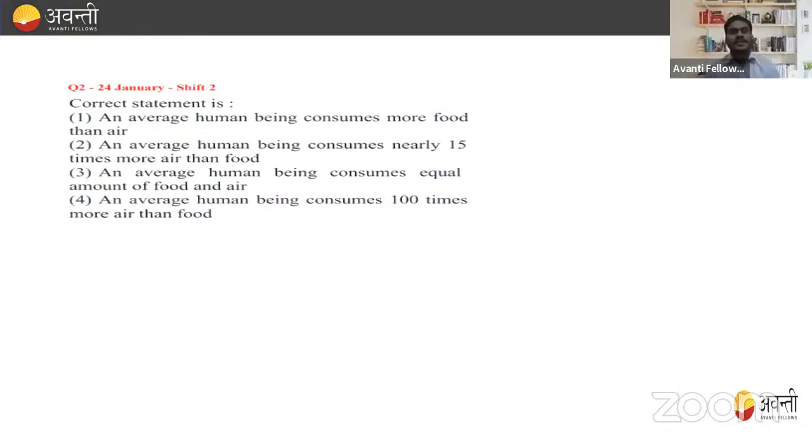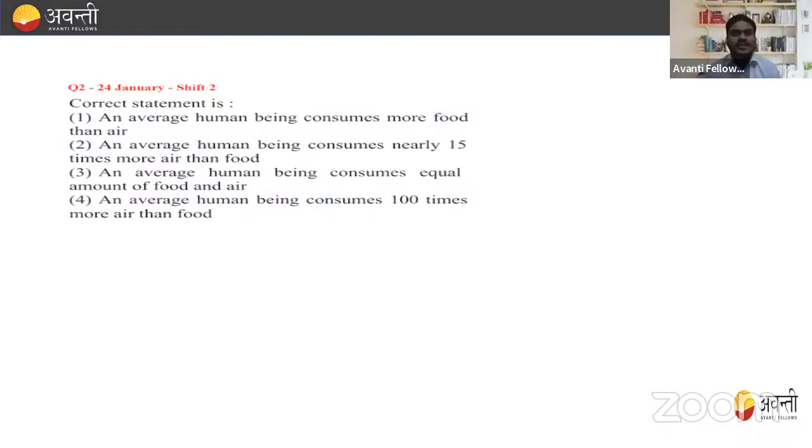Which option is correct according to you? This is a very simple question. I already explained that option 1 is not correct, because the human body can't consume more food than air.